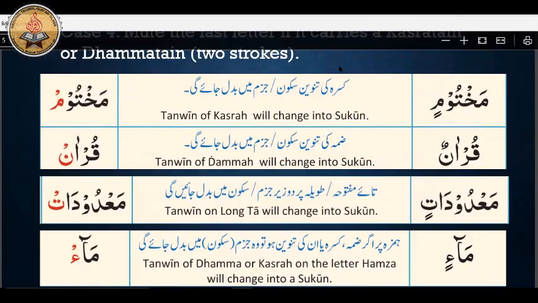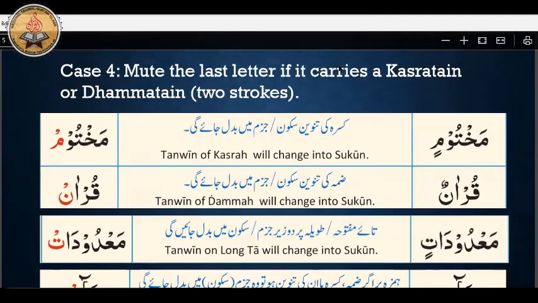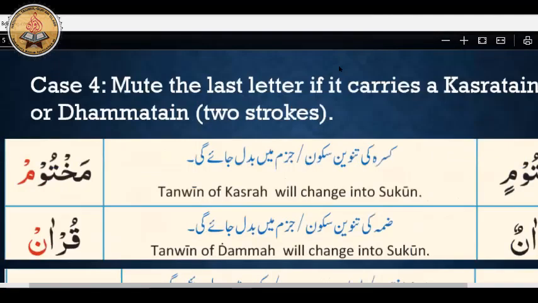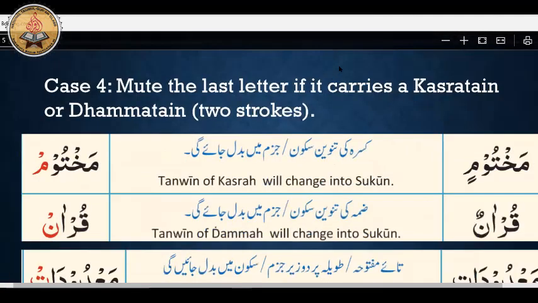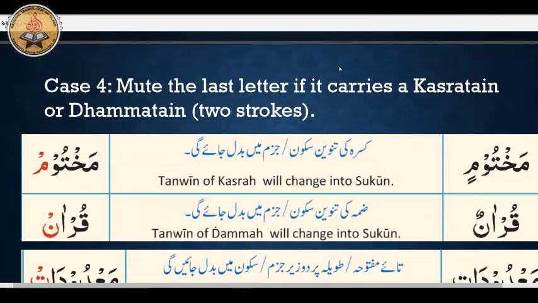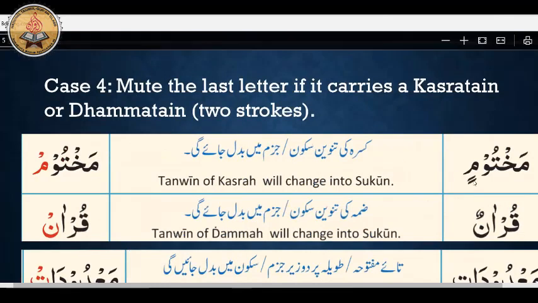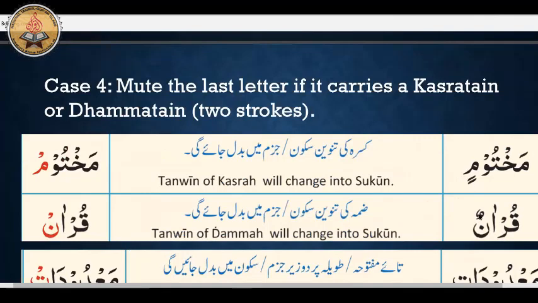Okay, so now be careful, okay? So pay attention. Mute the last letter if it carries a kasratain, which you can see under the meem, or dammatain, which you can see on top of the noon. So whenever you have these at the end of the word, and you have to do a waqf, make sure that you mute them.